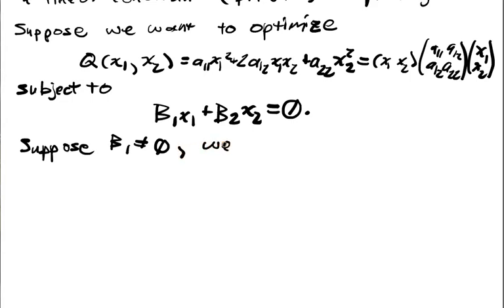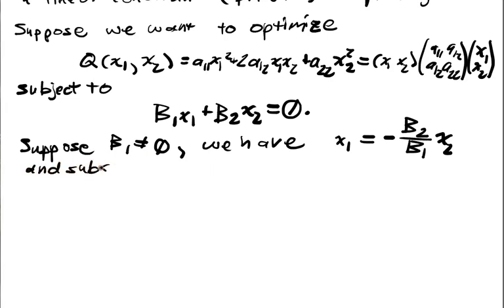Well, solving the linear constraint, we have that x1 on the constraint space is negative b2 over b1 times x2. And substitution yields q of (negative b2 over b1 x2, x2).